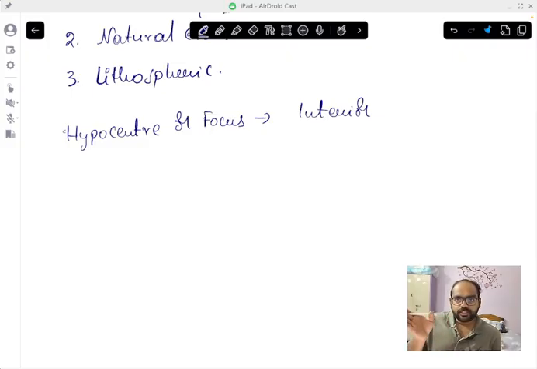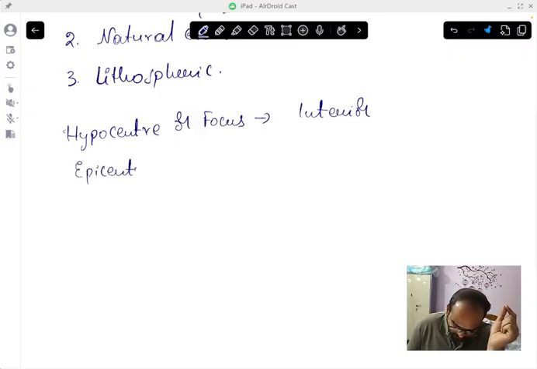And also we learned that the energy travels in the form of waves in the interior of the earth and reaches the surface. The point on the surface which experiences the earthquake for the first time is called the epicenter. It is present on the surface.